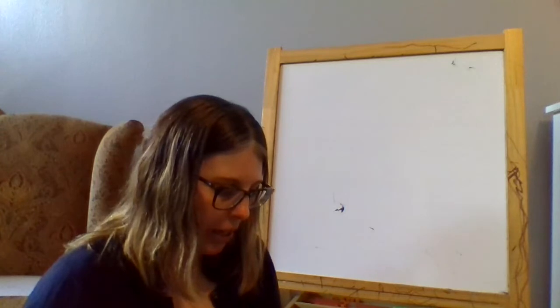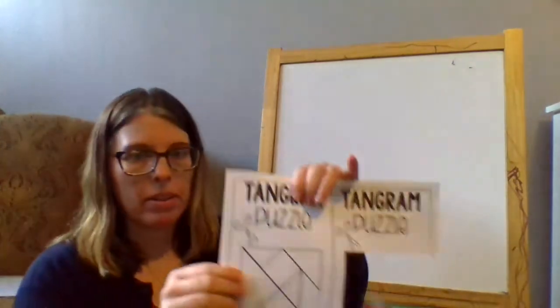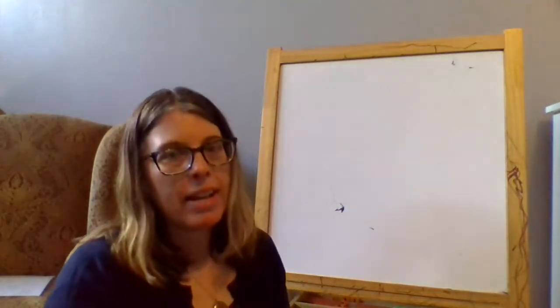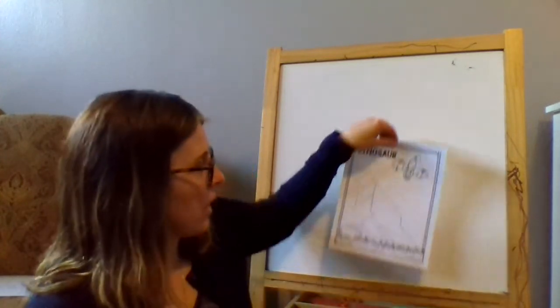Also, when you are printing out your shapes to cut out, you'll see there's a whole bunch of different puzzles that you can pick from, okay? And so I want you to pick a couple puzzles to give this a try with.